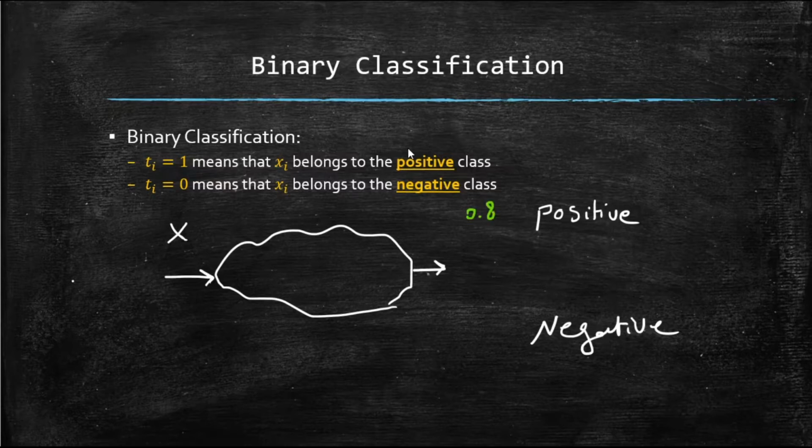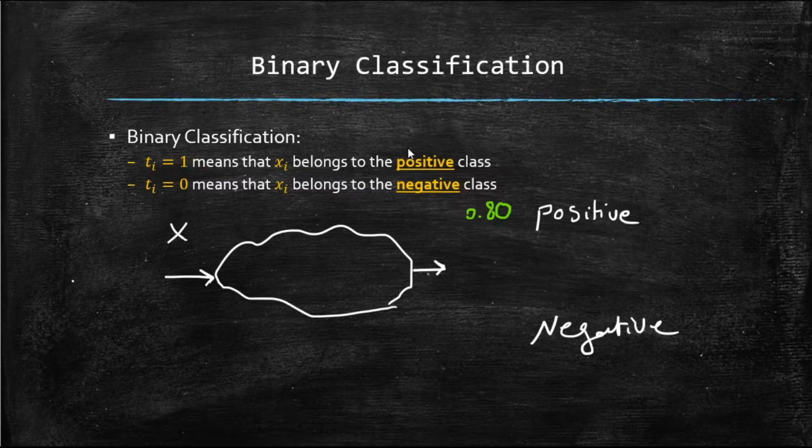So you would get something like, say, 0.8 for class positive, and guess what would be the probability of class negative here? We have just two classes, and the input could either belong to class positive or class negative. So if the algorithm says that with probability 0.8, which means 80%, the input belongs to class positive, what is the probability of x belonging to class negative?